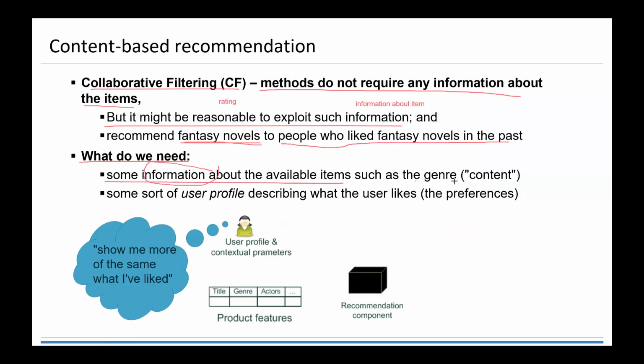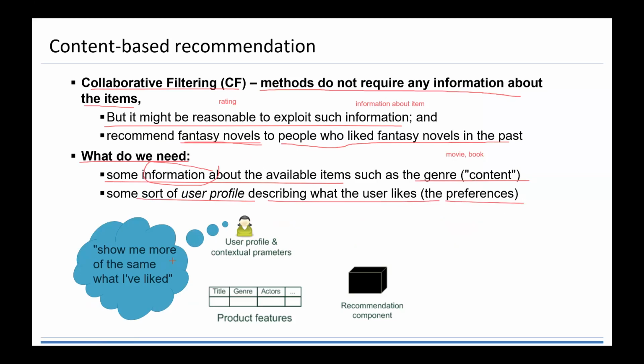For example, in movies we have genre, or maybe in books, they also have genre. Or maybe we can also have some information about the user, for example, the user profile. It describes what the user likes, for example, the preferences.